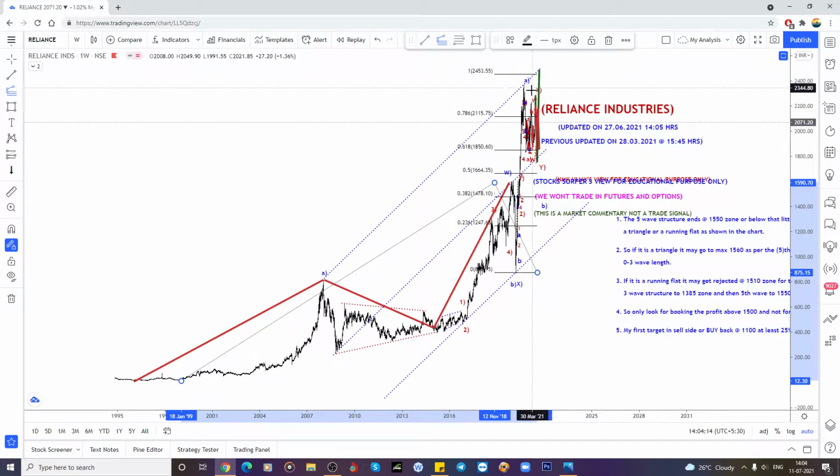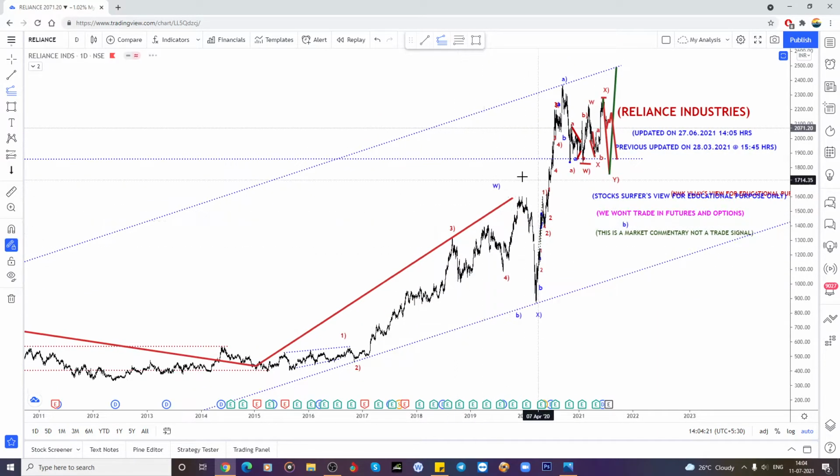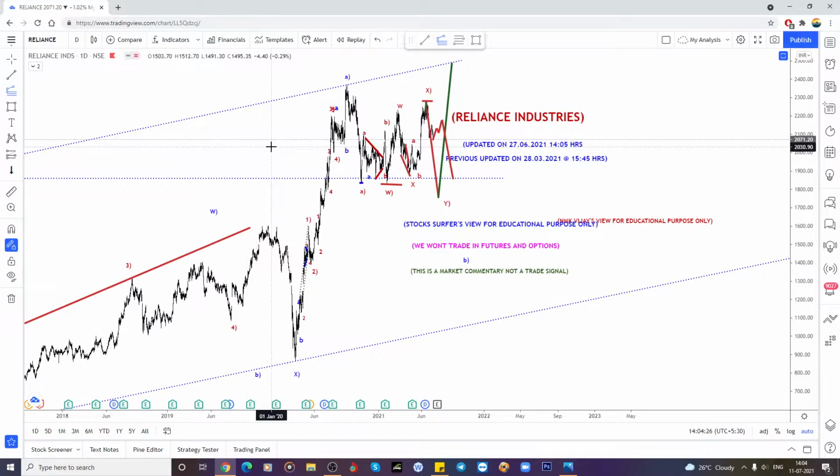See, exactly that one level, right? It already completed the level. So whether it is W, X, A, and we are looking for that C.